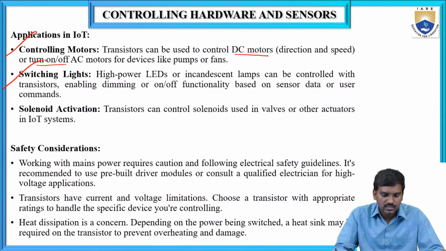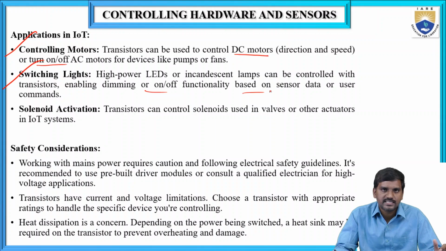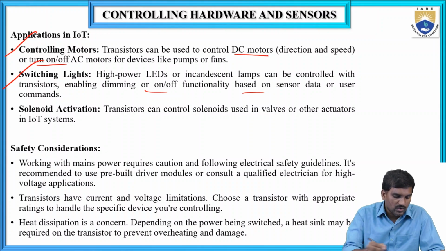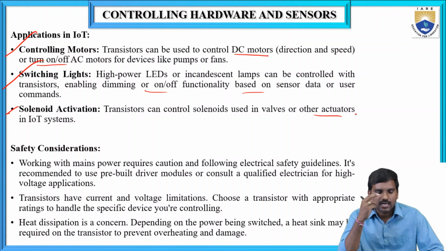High power LEDs or incandescent lamps can be controlled with transistors, enabling dimming or on-off functionality based on sensor data or user commands. The third one, solenoid activation. A transistor can control solenoids used in valves or other actuators in IoT systems.